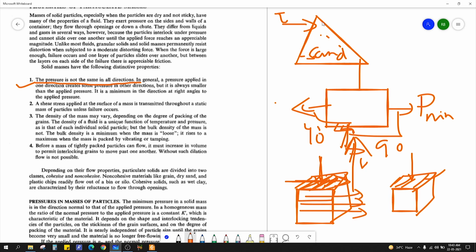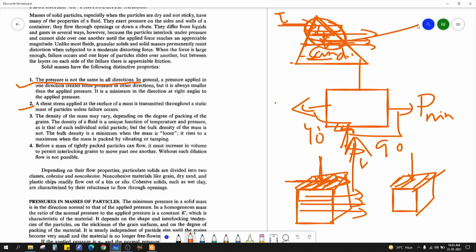So if you apply shear stress to, let's say, a heap of sand, then what will happen? This will try to move in this direction, and this force will be transmitted along this also. So this heap will try to move in this direction. It will move as long as you apply shear stress in that direction, but at a certain point, what will happen?